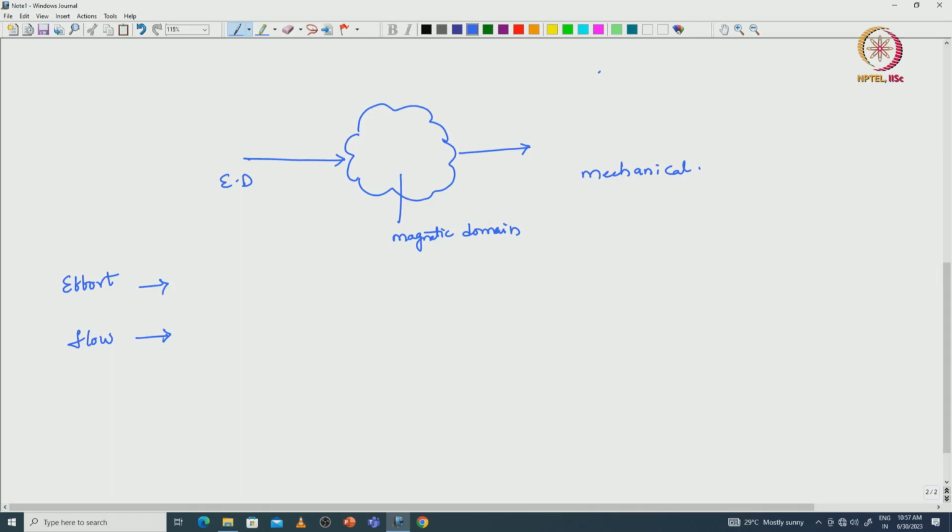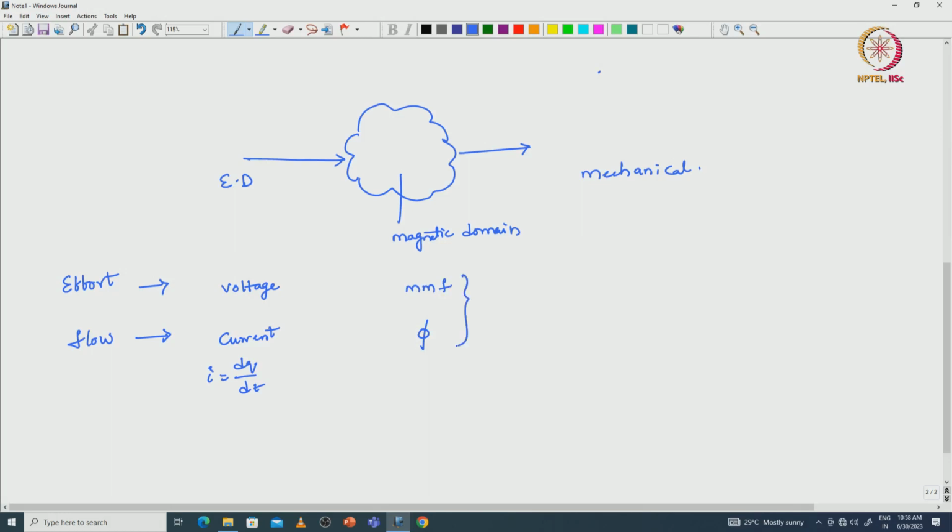Effort variable in electric domain is voltage. Flow variable is current, it is rate of change of charge, right, dq by dt. In magnetic domain, mmf is an effort variable, and flow variable we are considering the flux.